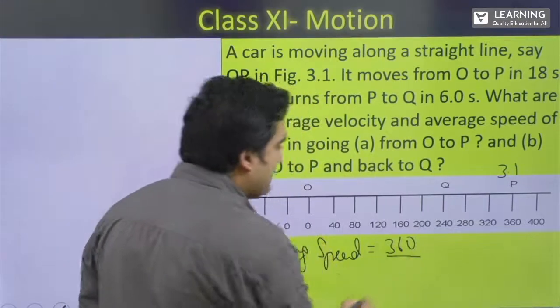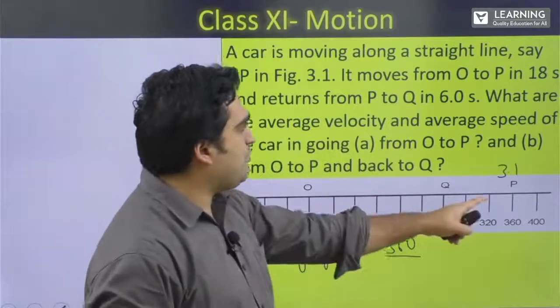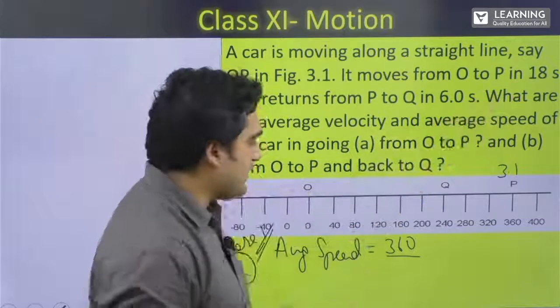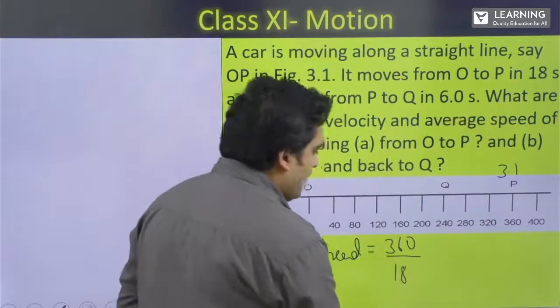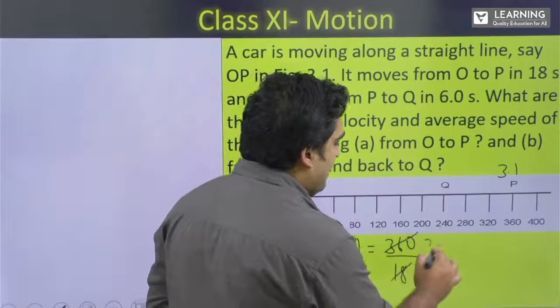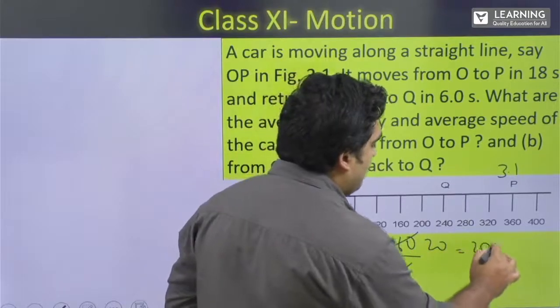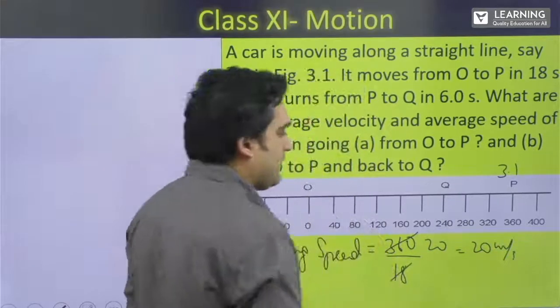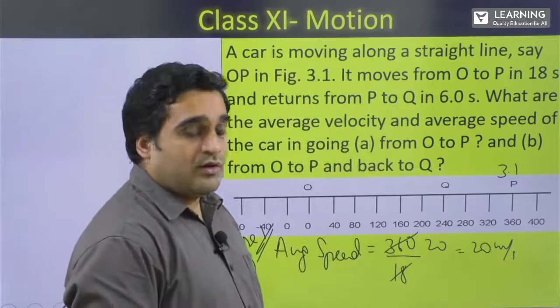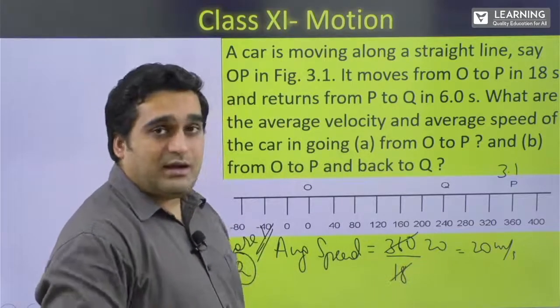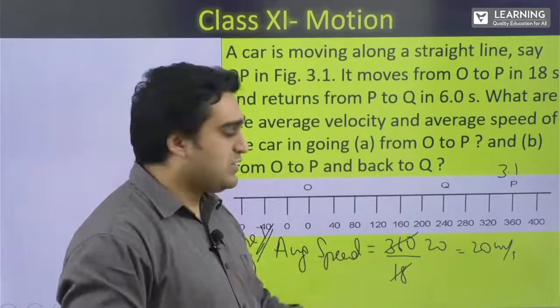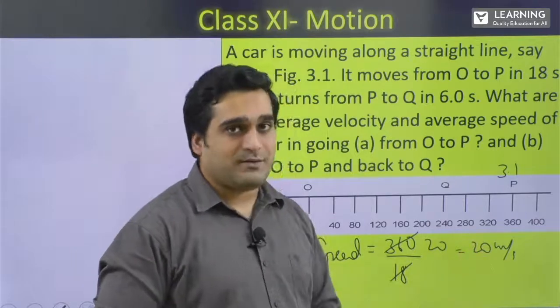And how long does it take to reach from O to P? 18 seconds. And once you cancel, you get 20. So therefore, 20 meter per second. It is a scalar quantity, so I have not given any direction, which is by sign.